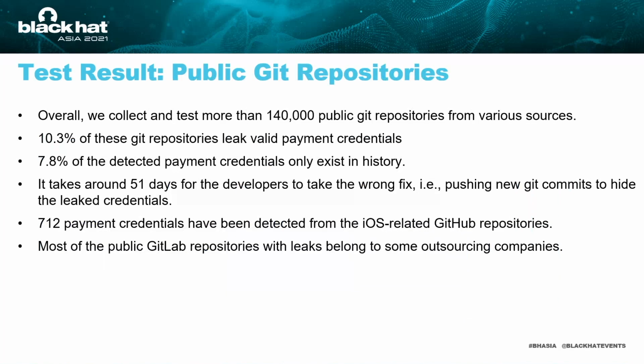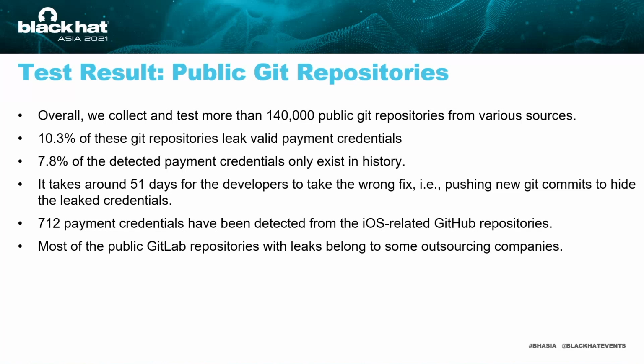Now, let's discuss the results from the 3 leaking sources, one by one. In terms of the public Git repositories, we have tested around 140,000 inputs from various sources, while 10.3% of them leak at least one valid payment credential.